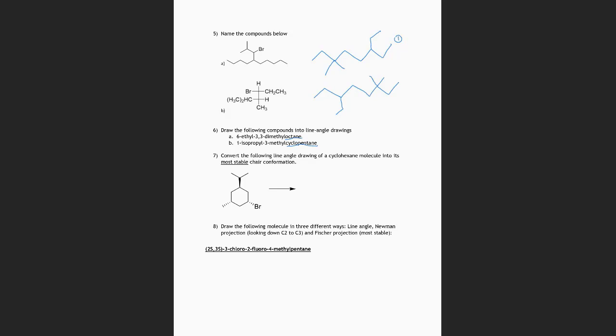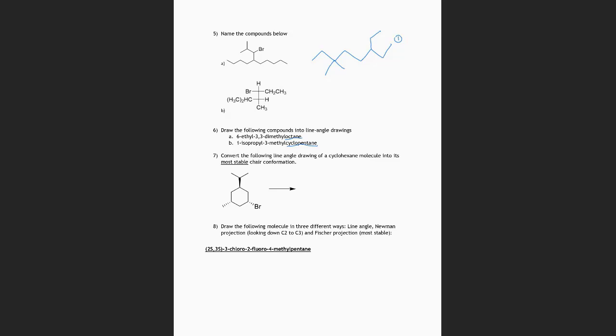It doesn't matter when you're naming it, but specifically for this, going from a name to a line angle, you can start at any end and it will give you the same result. Either end works as long as you keep the numbering consistent.